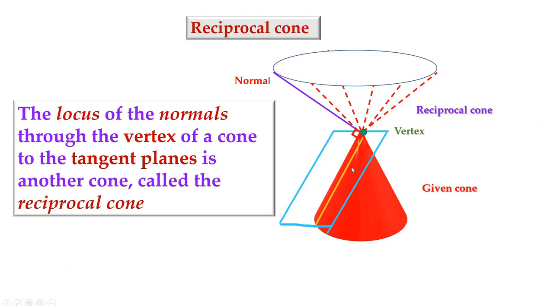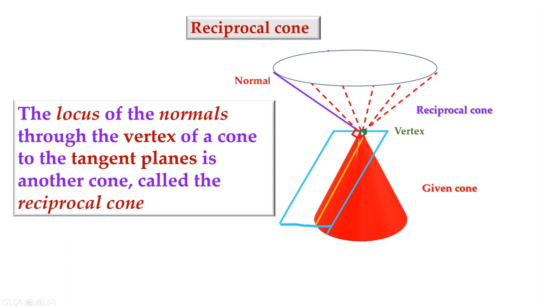That is where the plane touches this given cone. So you have that line, which will be one of the generators, which we know already. Now you consider a line perpendicular to that. So this is the line perpendicular.